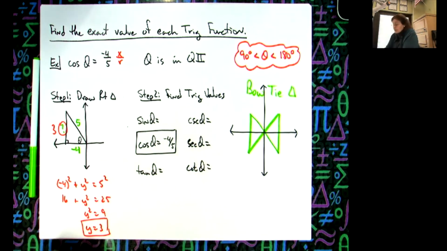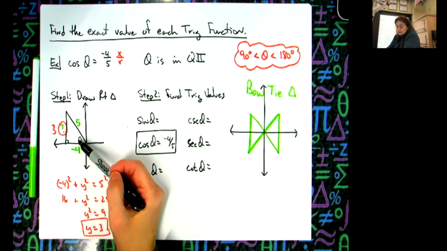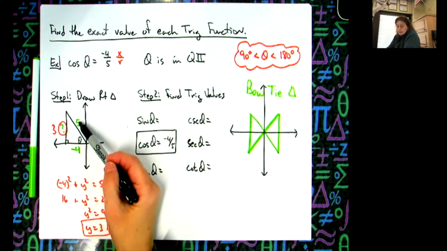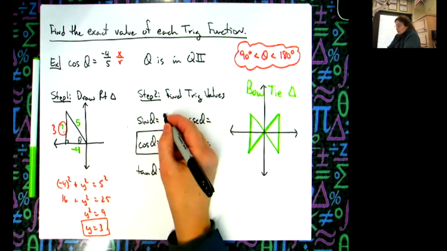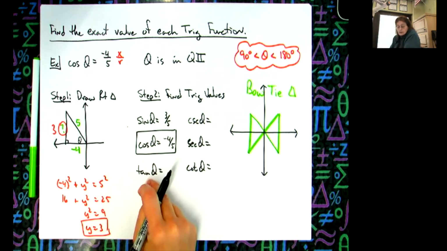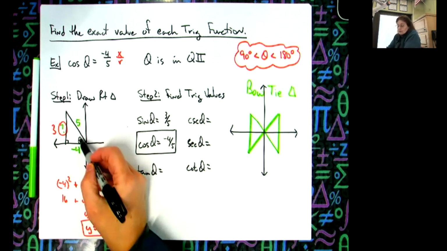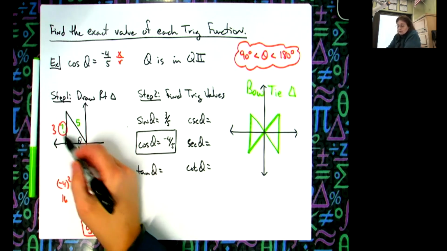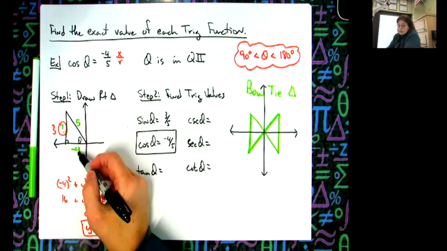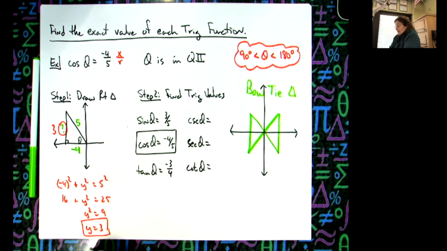Let's go ahead and do the sine one. Look at your right triangle here. Sine is opposite over hypotenuse, so this one is 3/5. Tangent is opposite over adjacent. Here's my reference angle, opposite over adjacent. I got a 3 and a -4, so put that negative up where it needs to go: -3/4.